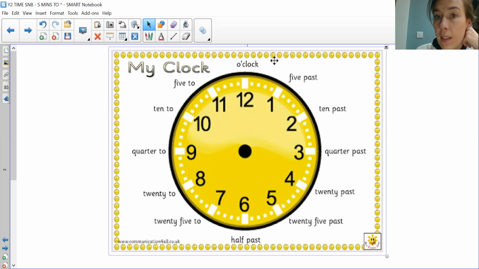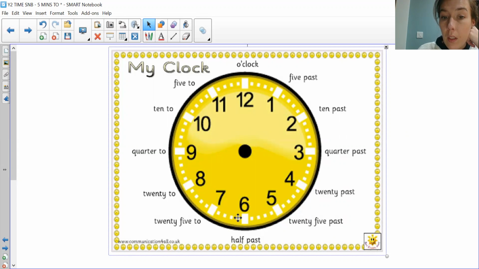Right, so on this side we can see the minutes past. So we know that each section or interval between the hours is worth 5 minutes. Minutes to the hour on this side is based around how many minutes is to the next hour.